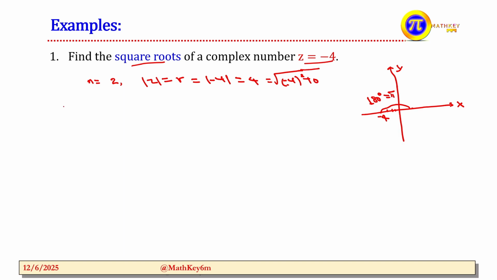After obtaining this, we say that we can express the roots in the form r to the power of 1 over n times e to the power of i of theta plus 2k pi over n, where k runs from 0 to n minus 1.